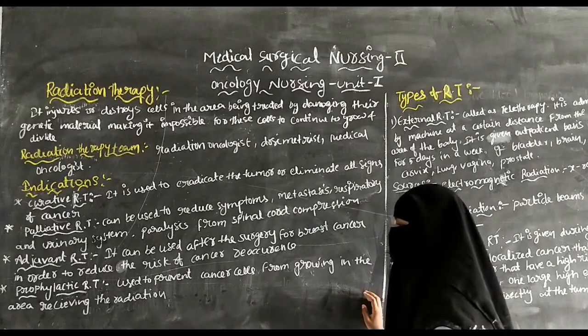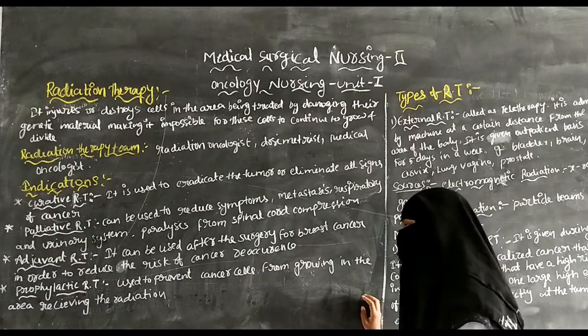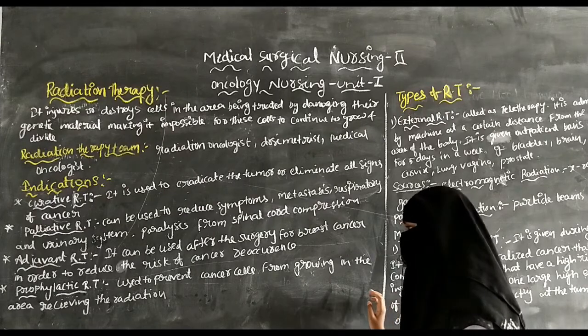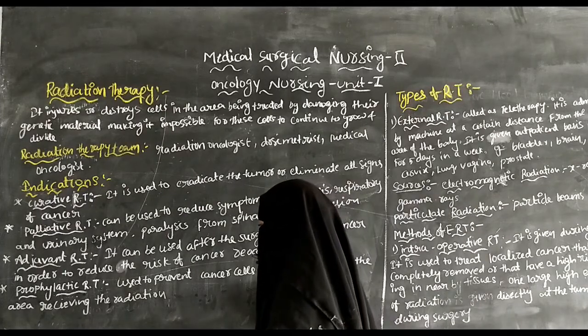Prophylactic radiation therapy means it is used to prevent cancer cells from growing in the area receiving the radiation.